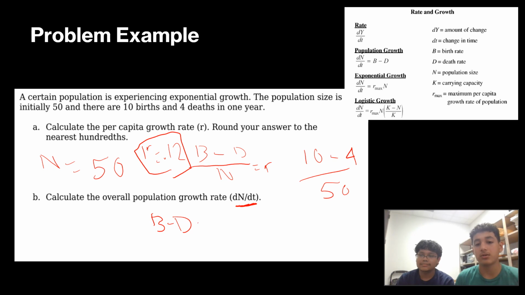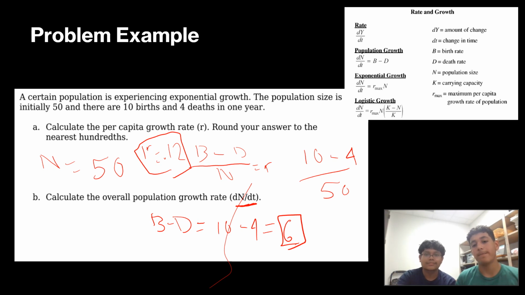So here it will be 10 minus 4, which gives us 6. That will be our overall population growth. We'll go to the next slide.